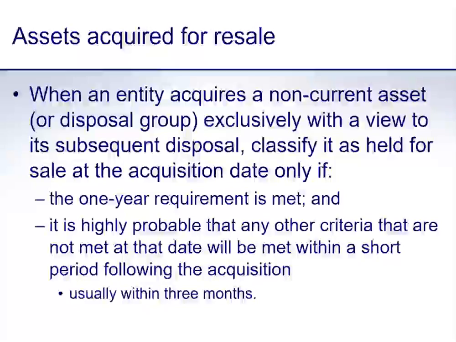I've got 1 year in which to get all of this done. And at the same time, it must be highly probable that all the criteria that are not yet met for me to classify this as a non-current asset held for sale, the criteria that we spoke about earlier on, the intention, the authority, the marketing, all that criteria will be met, and will be met within a short period of time.